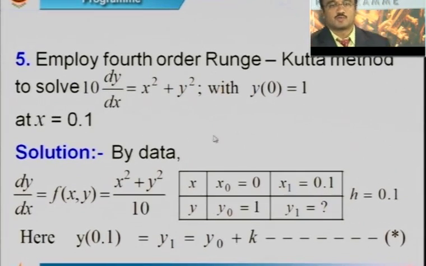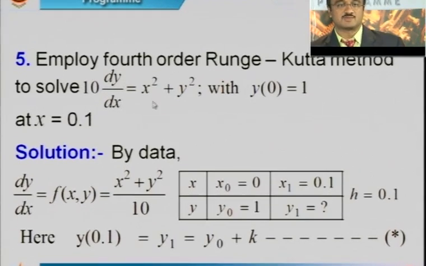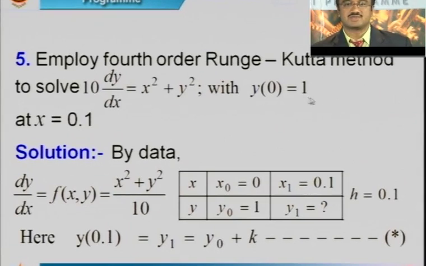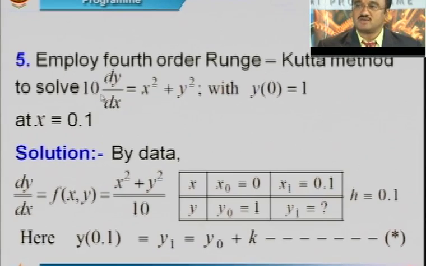So, one more problem. Again they ask to use the same Runge-Kutta method to solve the equation 10 dy by dx equals x square plus y square, with y of 0 equal to 1, at the point x equal to 0.1. You have to remember one thing: the derivative coefficient should always be 1.